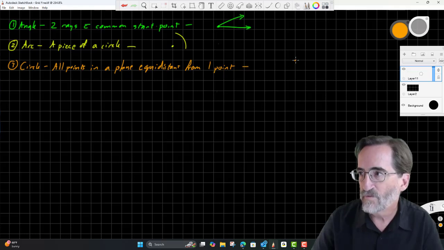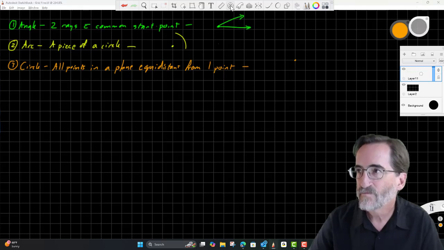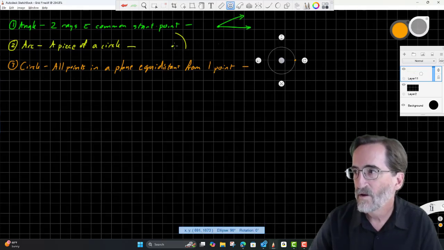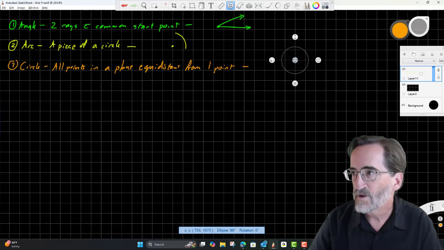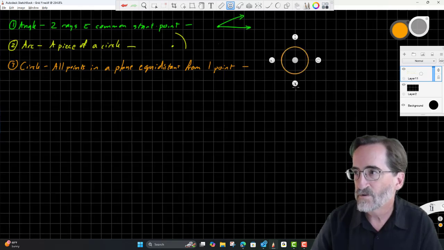Example: put a point on the page, grab my compass, put the compass point on the point, and draw a complete circle.